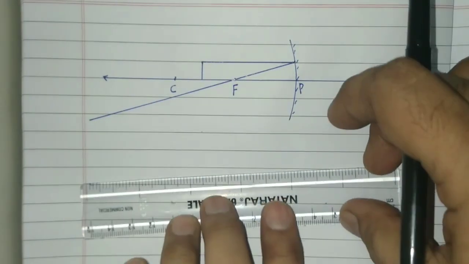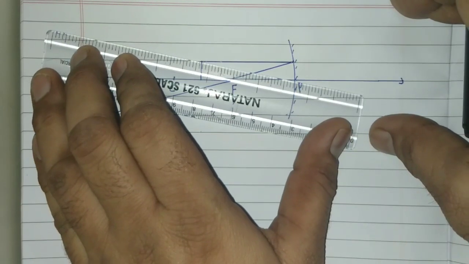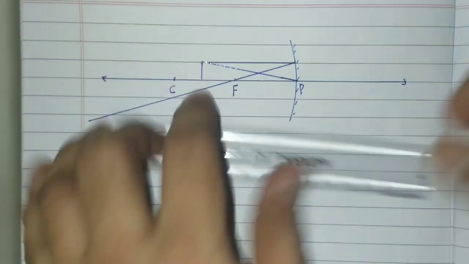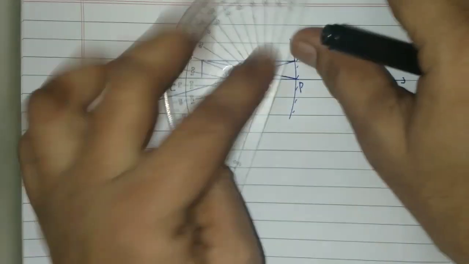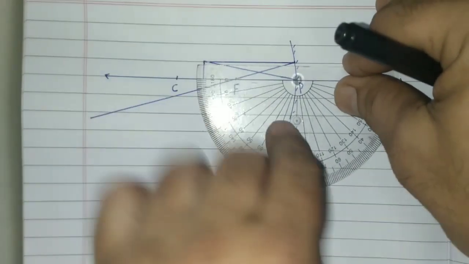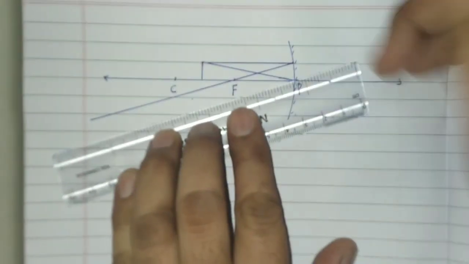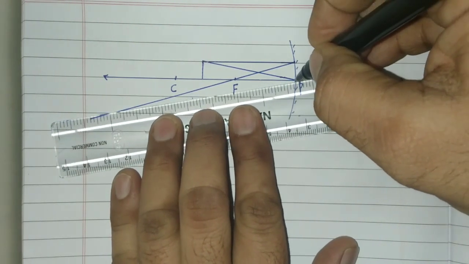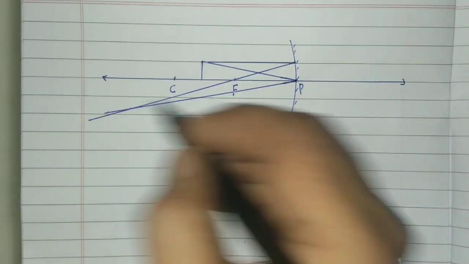Now for the proof of the mirror formula, we will take the second ray which is incident on the pole, and in that case angle I is equal to angle R. So here the angle is equal to 10 degrees. So these two rays meet at this point.